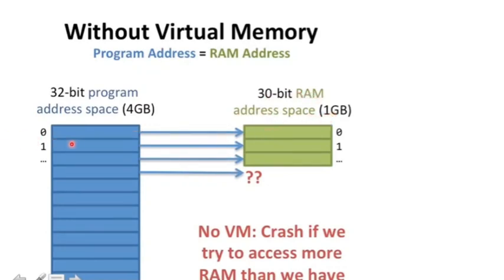So address 0 is going to map over here to RAM address space 0. And program address space 1 is going to RAM address space 1. Without virtual memory, it will crash if we try to access more RAM than we have.